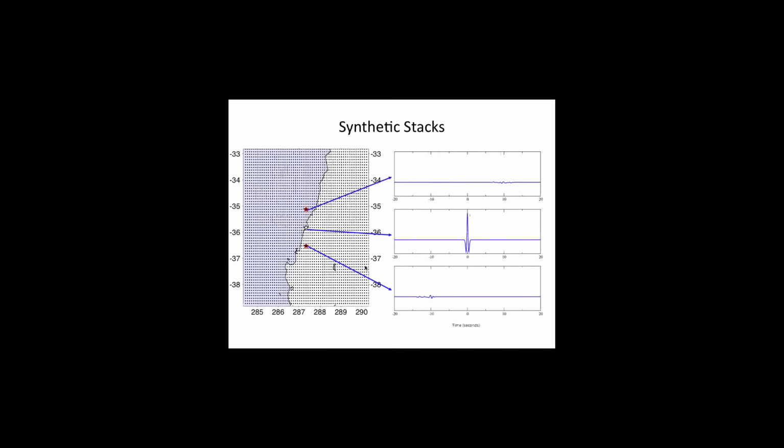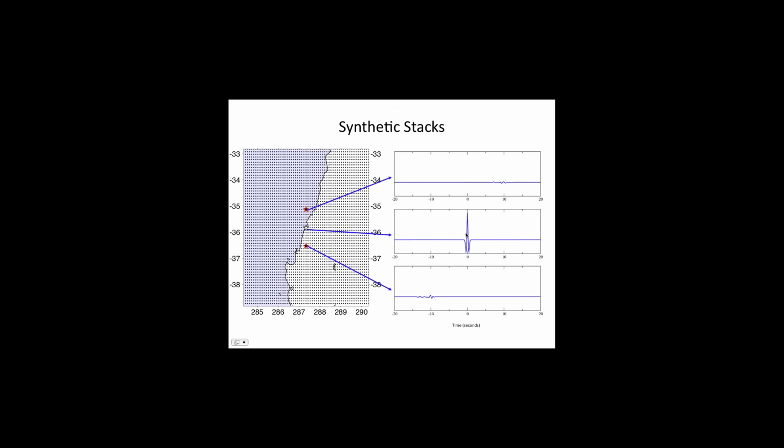You can do this for a large grid of possible source locations, which are shown here with the black dots. I'm just pulling out a few of the stacks from a few of these source locations, where you have very low amplitude stacks to the north and south of the point source, and then, as I showed before, at the point source you have this very high amplitude stack.